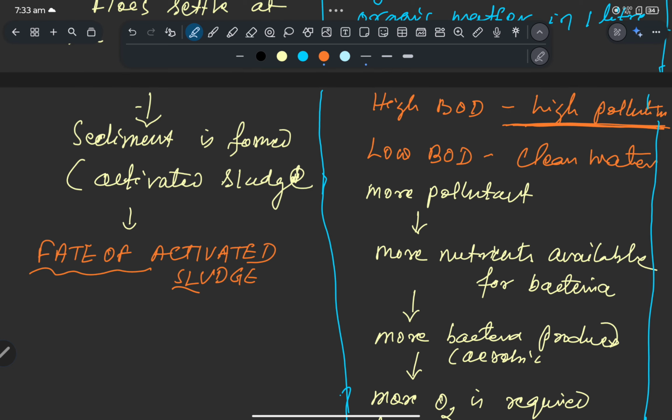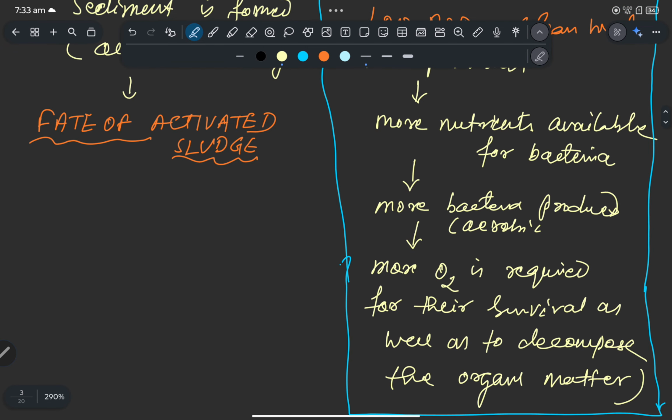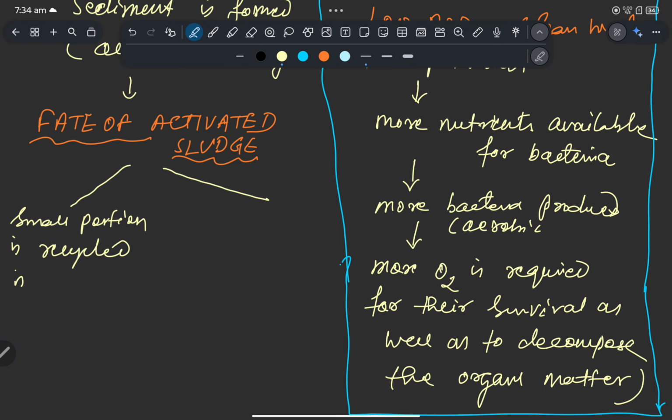Okay, now what happens to this activated sludge? A small portion is recycled back to the aeration tank.